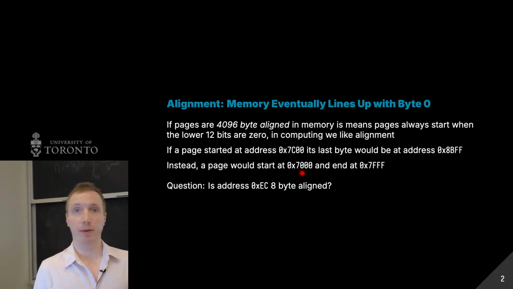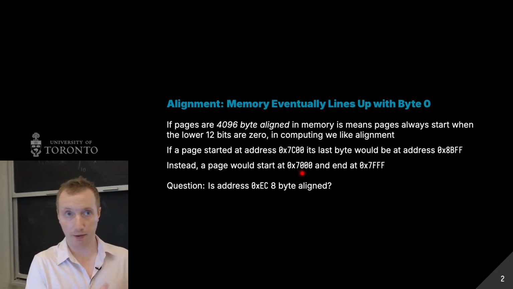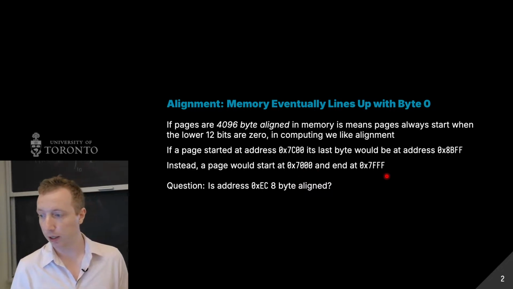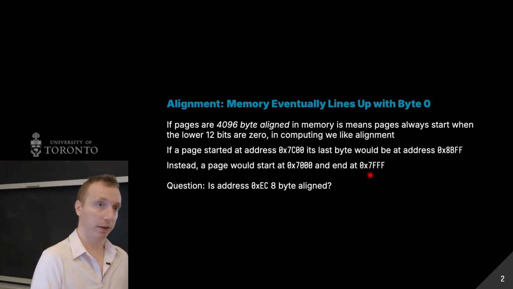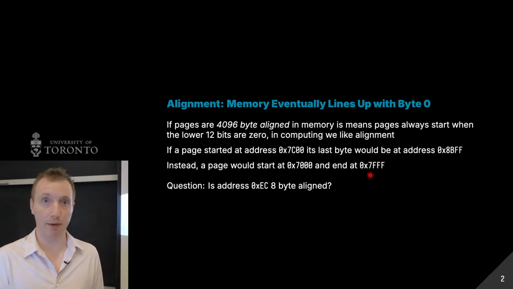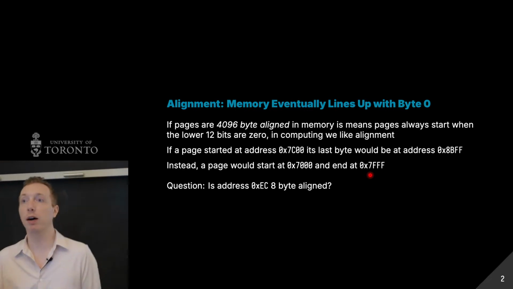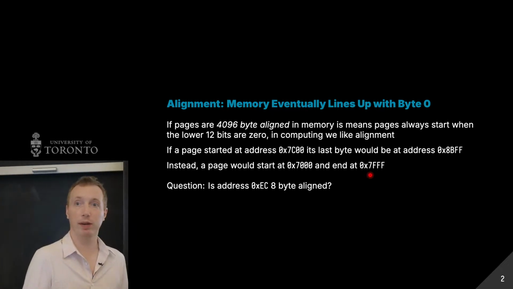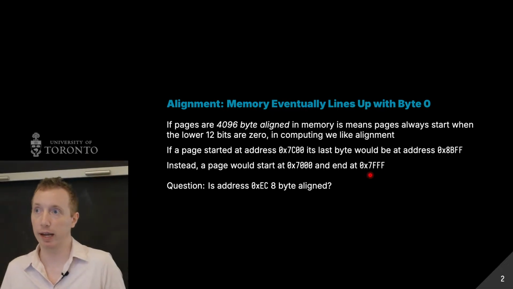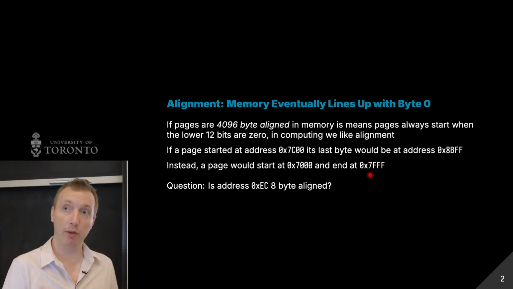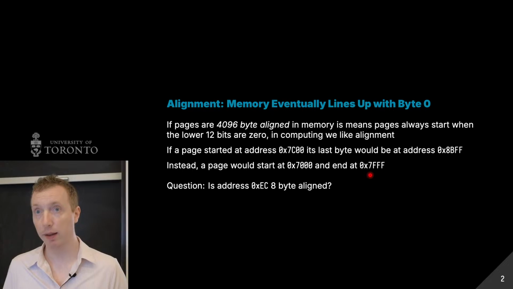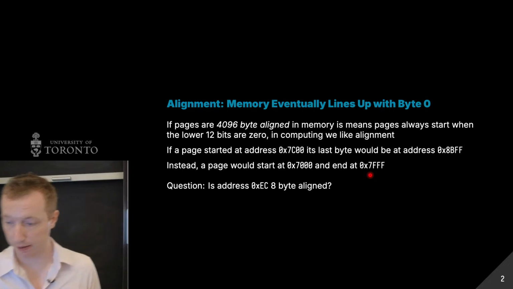So the page would start at address 7000, and the last byte would be at 7FFF. You can verify that that is a page. That's why we don't need to store the offset as part of the page table entry, because all of the pages are page aligned, so we know exactly where they start and where they end.